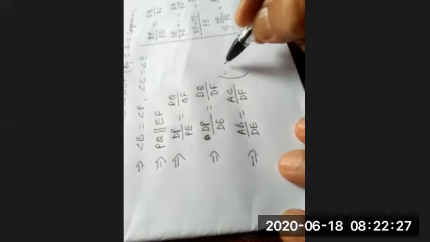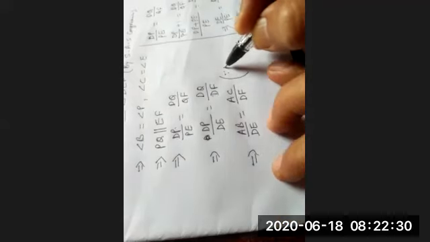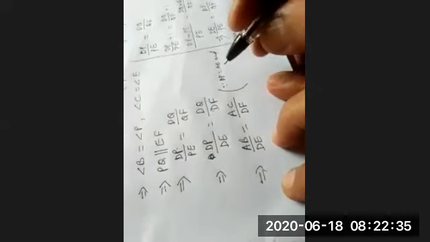So you can write AB by DE is equal to, and DQ can be written as AC, divided by DF. Okay, this much you can write. Why? Because DP is equal to AB and DQ is equal to AC. That's why this statement we have written.